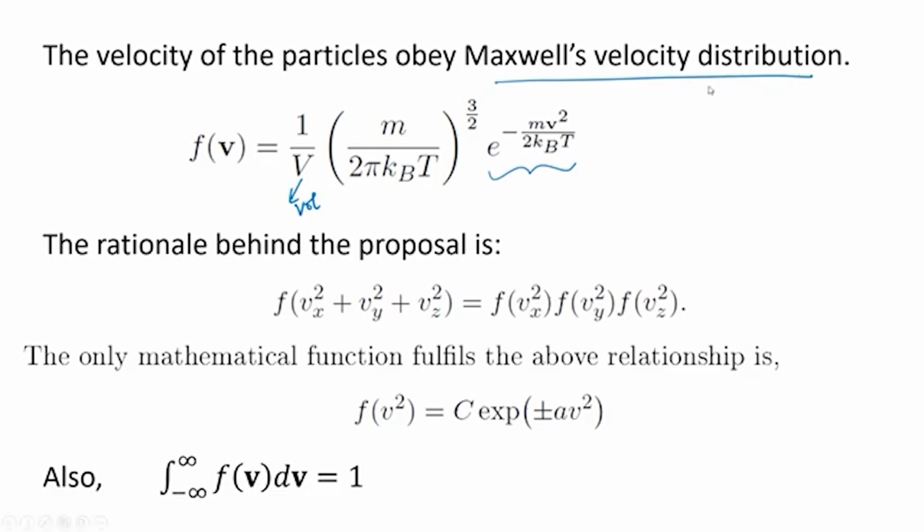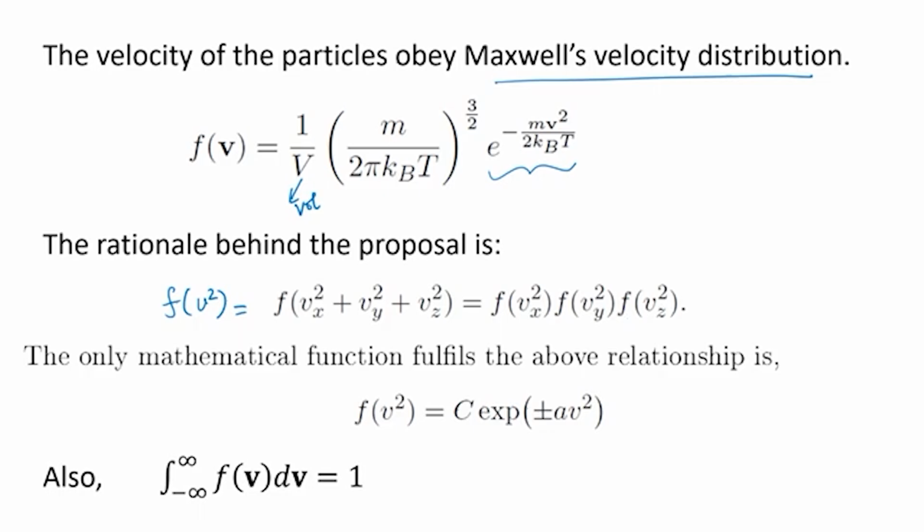This form is easy to derive, but we are not deriving it here. We will just tell you the rationale behind this proposal. f of v square, where v square is equal to v_x square plus v_y square plus v_z square, and these velocities in different orthogonal directions have to be independent of each other, which means f of v_x square would not depend upon f of v_y square and f of v_z square, where f denotes a function.